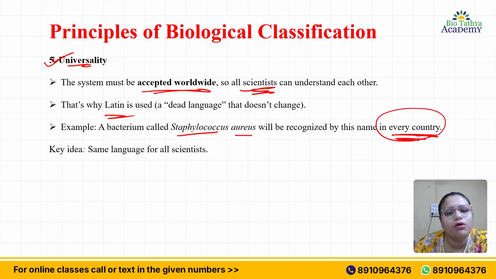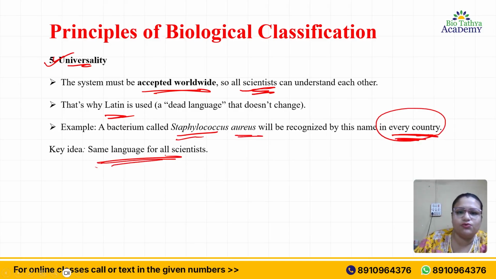Whichever country you go to, this name will be recognized. So the key idea was the same language for all scientists. We have to come up with a system which will be used by all scientists, whatever nationality they belong to, Korean, Chinese, Japanese, Asian, European, whatever. They will know Staphylococcus aureus is the accepted name.